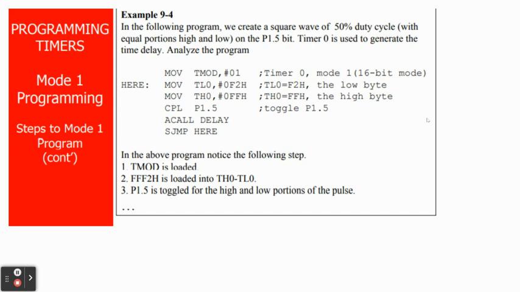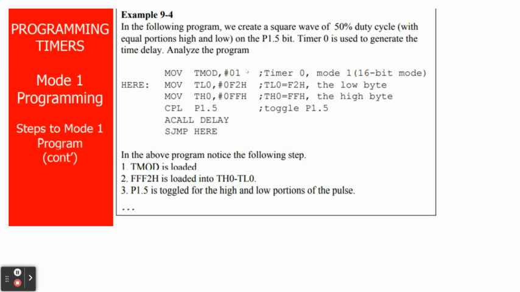Now the program here is written in assembly, and this is just a part of the complete program. You will see here we have moved TMOD #01. This means this is timer 0 mode 1, as given by the number 1 on the right, and the number 0 on the left is actually timer 1 mode 0.